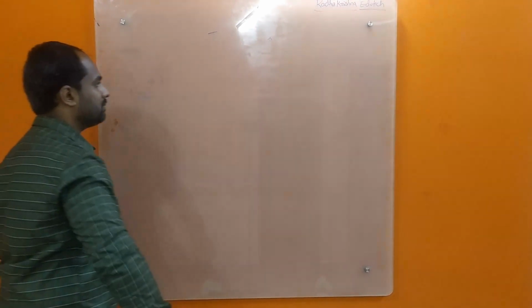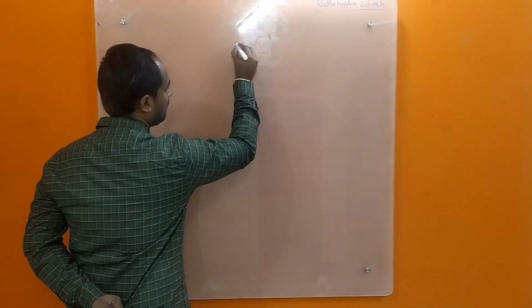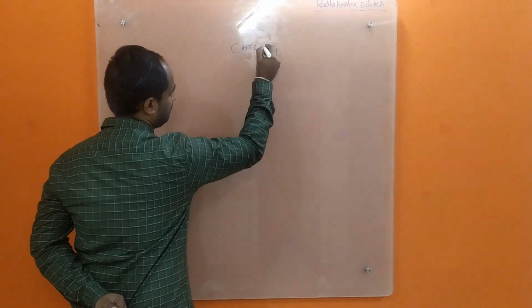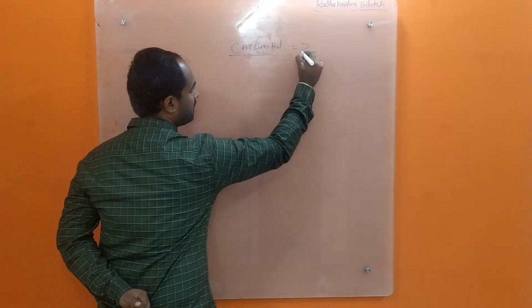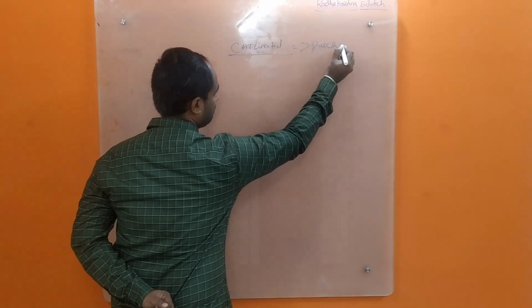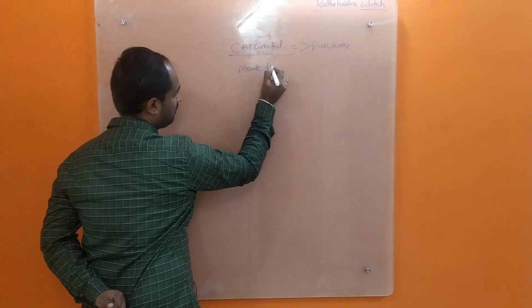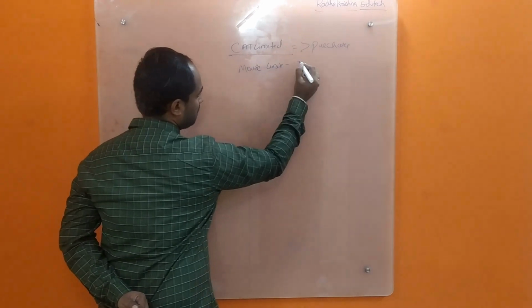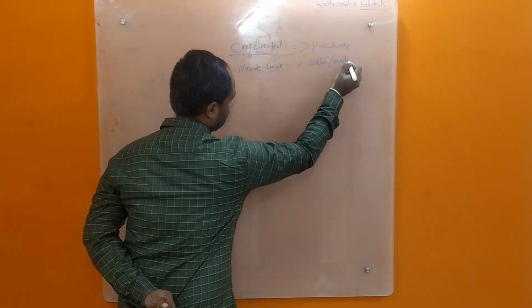So what I will do, Cat Limited. So he is a purchaser of Mouse Limited. So he is a seller or vendor book.